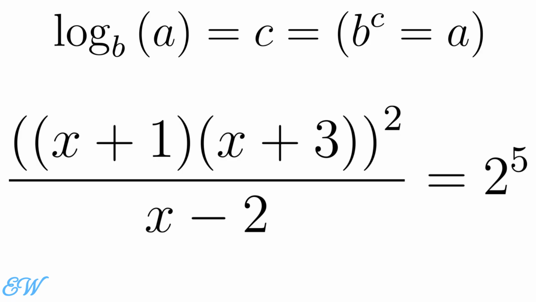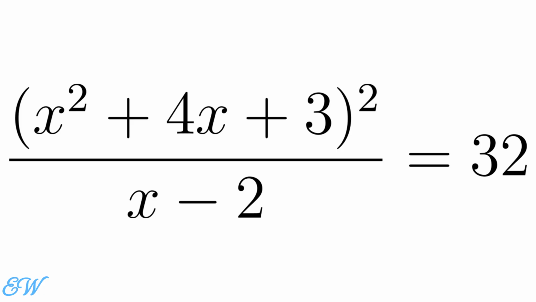Next, we will be setting the equation into exponential form instead of log form. Basically, this means that we go from log base b of a is equal to c to b to the power c is equal to a. This leaves us with x plus 1 times x plus 3, all of that squared, over x minus 2 is equal to 2 to the power 5.